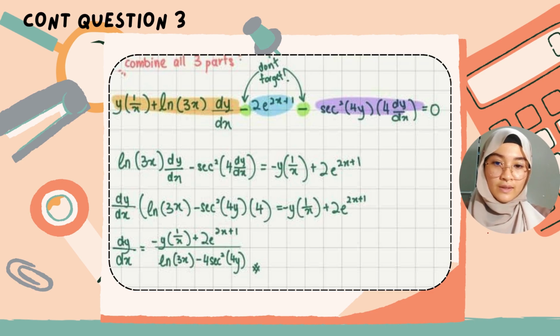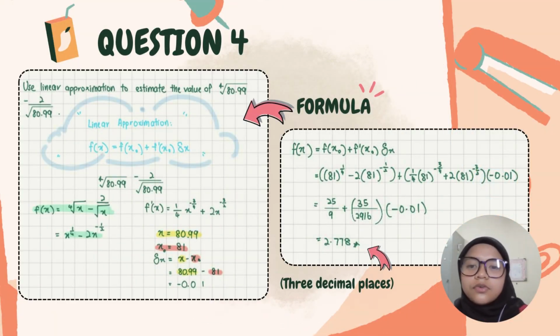Right. So after I simplify it, I will get dy/dx equals negative y times 1 over x plus 2e to the power 2x plus 1 over ln 3x minus 4 sec squared of 4y. So that's the answer.